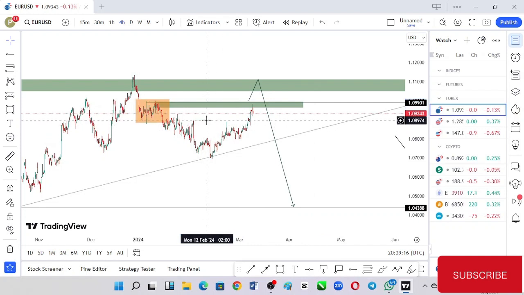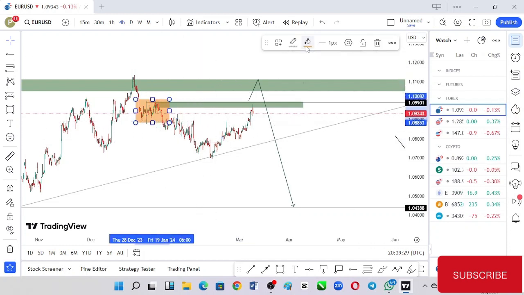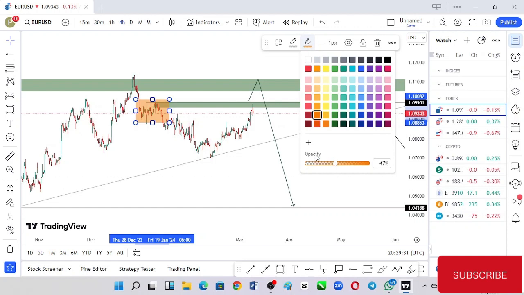Although I can know if I am interested in calculating it. So if you take a look at it, you'll notice that price consolidated for a very long period of time at this region right about here.